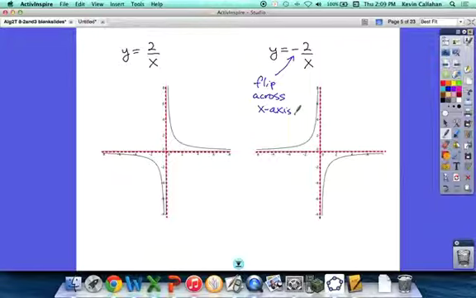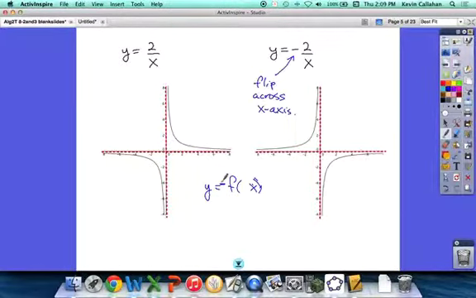Now, doesn't that kind of look like a flip across the y-axis too? Is there really any difference? We don't deal a lot with flips across the y-axis. If you have a function y equals f of x, the way you make it flip across the x-axis is you put a minus in front of the function.